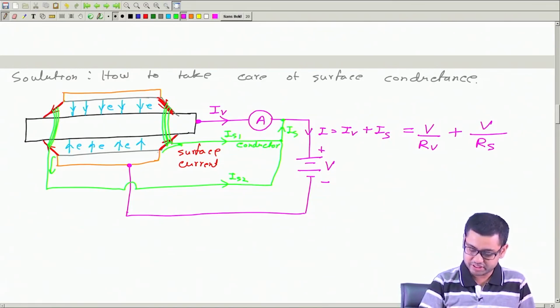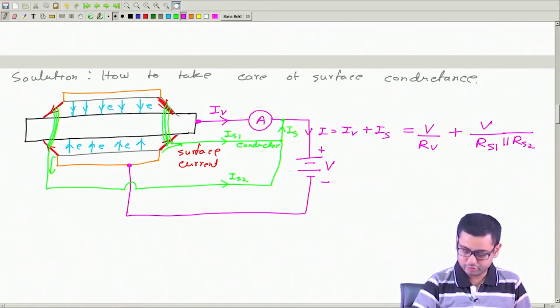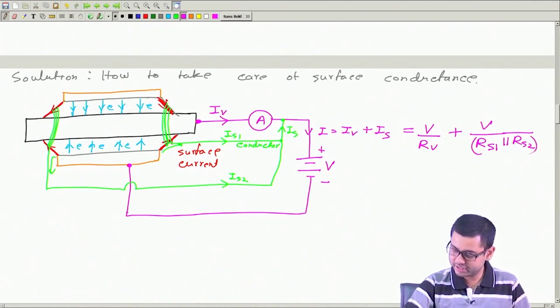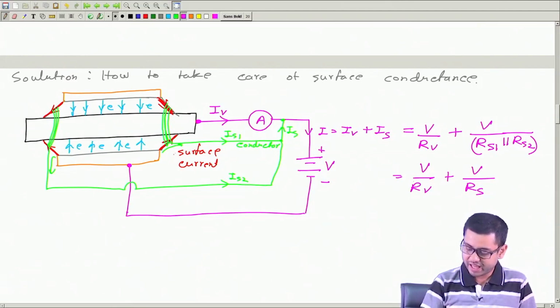These are two surface resistances here and here. If you have two surfaces, you can write them like this, or you can write them as a common surface resistance. So these two together is RS. So this is IS, this is IV, and now this surface current gets bypassed.